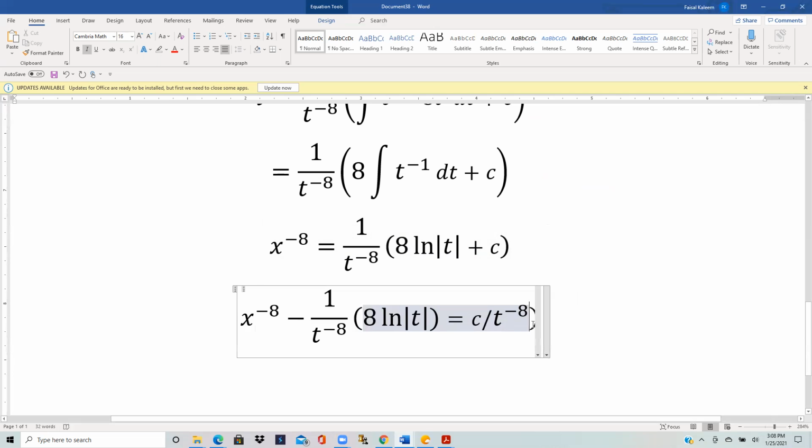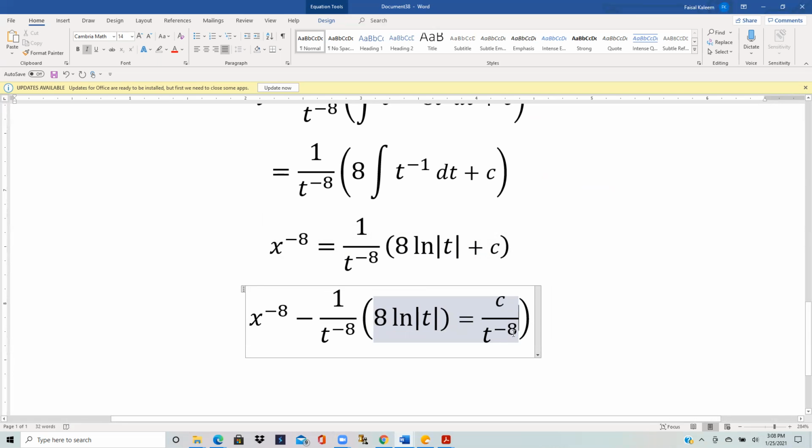Okay, now we don't want anything with the c, we just want a c on the right hand side.